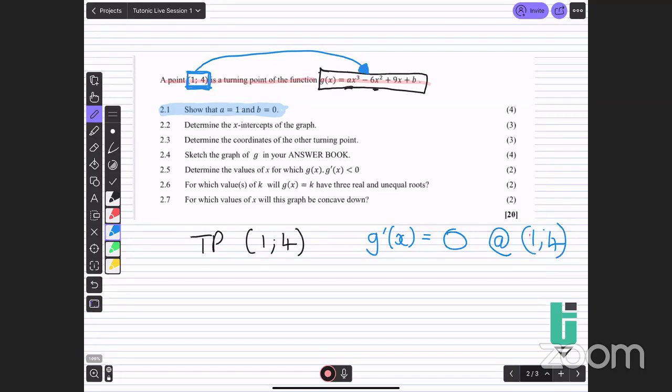You put the y value of 4 equals a times 1, which is a, minus 6 times 1, which is 6, plus 9 plus b. So if we simplify, 9 plus minus 6 is 3. If we take the 3 over, it becomes 1 equals a plus b. Okay?